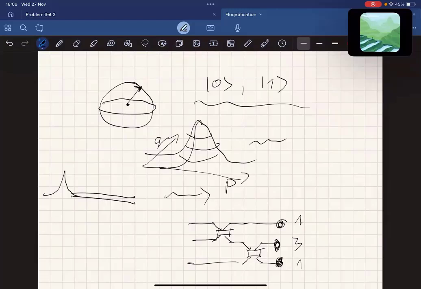This would be photon number resolving, photon counting. Yeah. So in this case, that's what you get, the photon numbers.